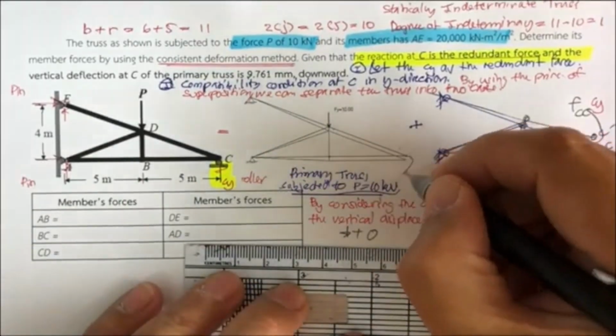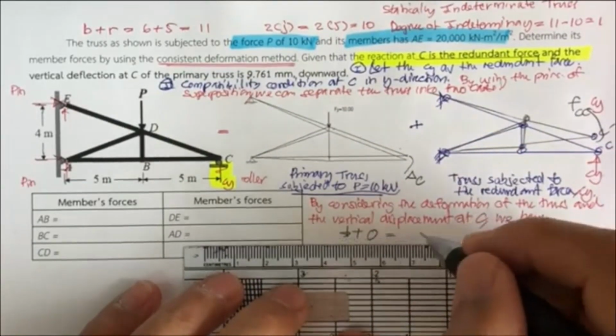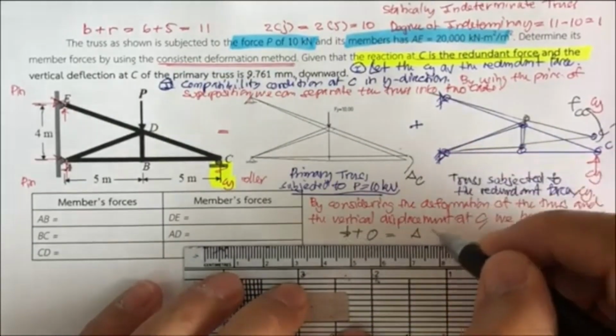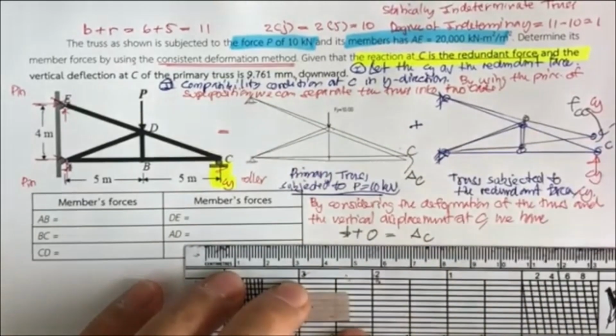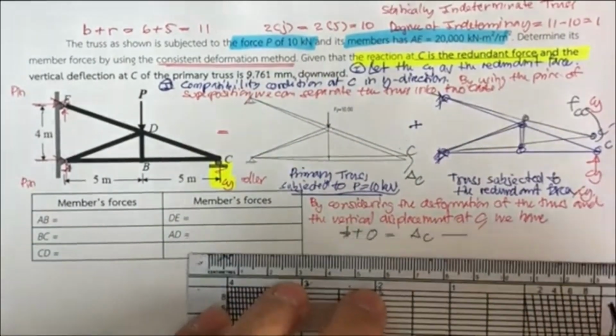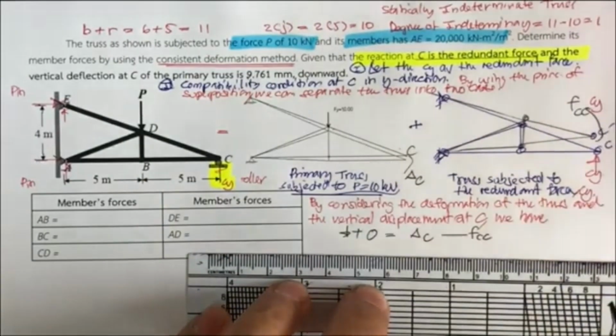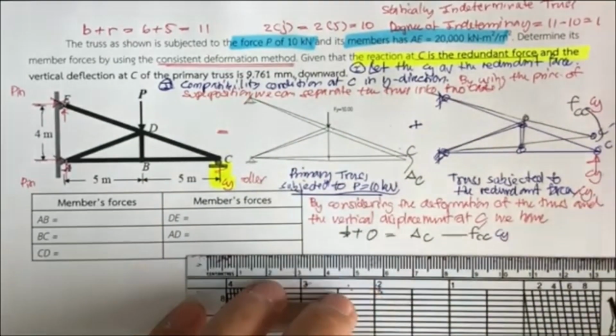This is going to be delta C, the deflection at point C in the vertical direction, and it's going to be minus, since this is upward, F sub CC times C sub y.